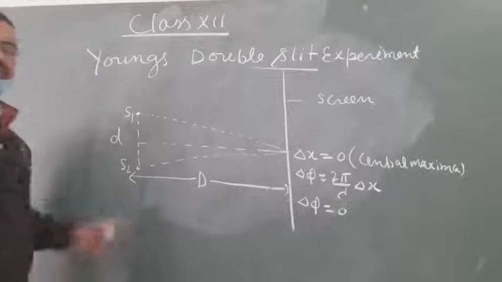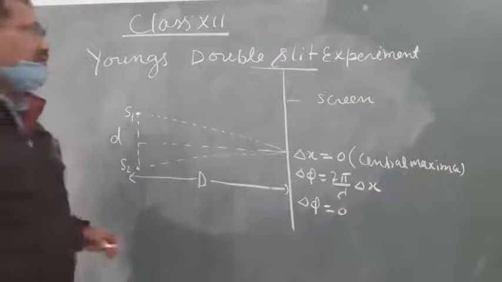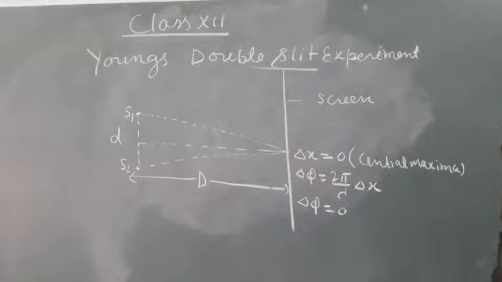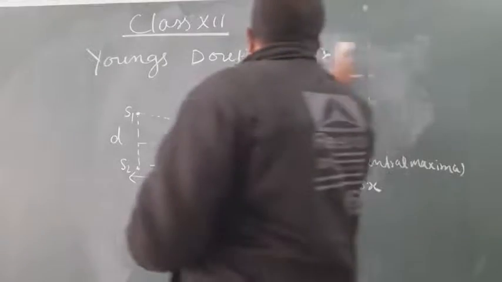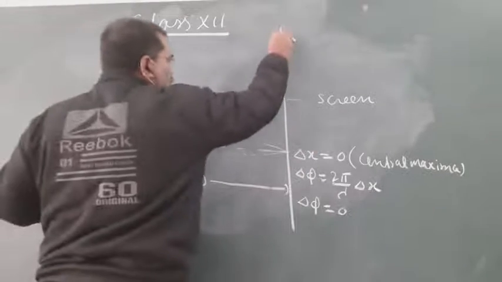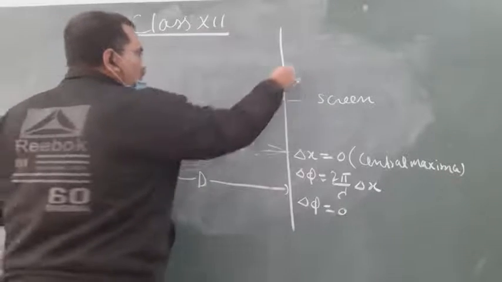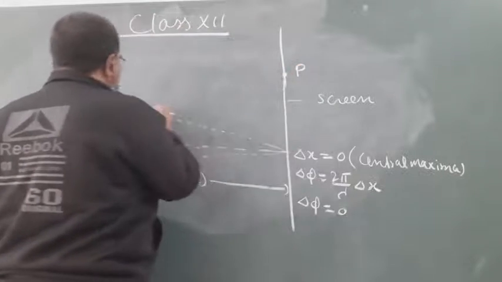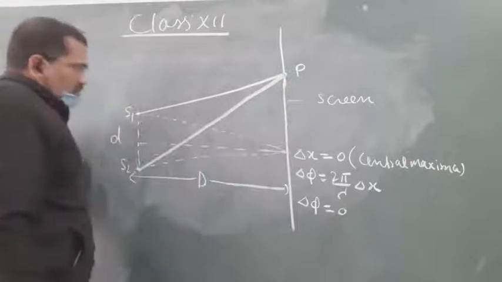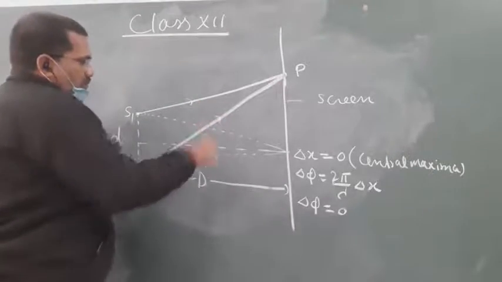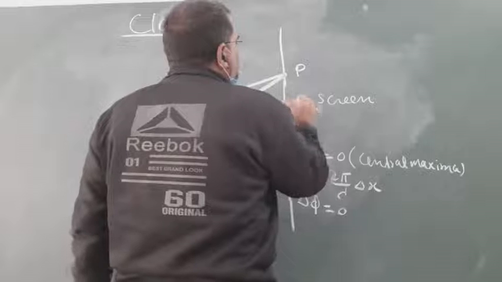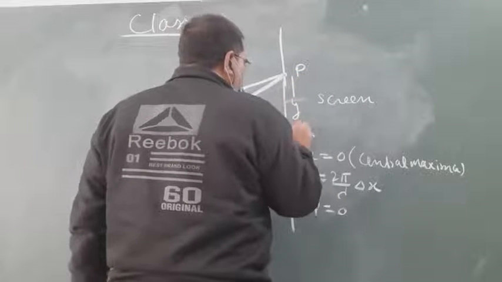Now we consider, write it down, any general point P, where the two waves interfere, and let the position of P be y from the central maxima.